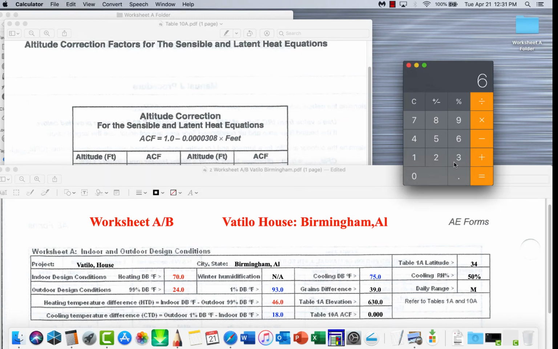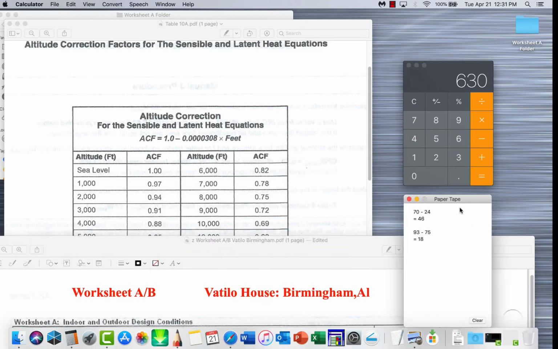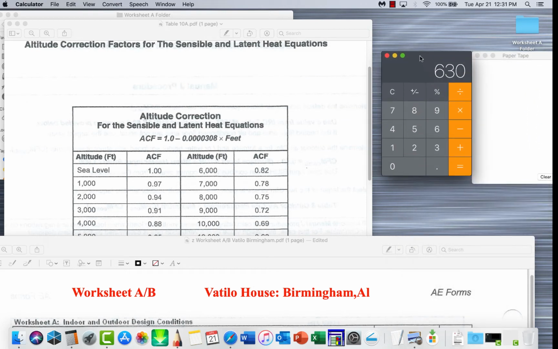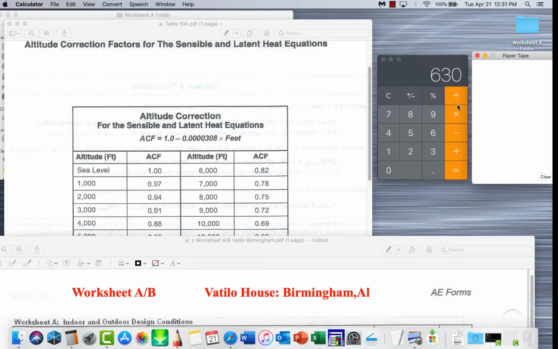So 630, and let me get my little paper up here where we can see that. Okay, 630 times, once again, this number right here, 0.00000308.